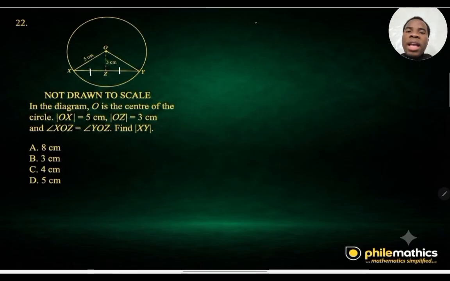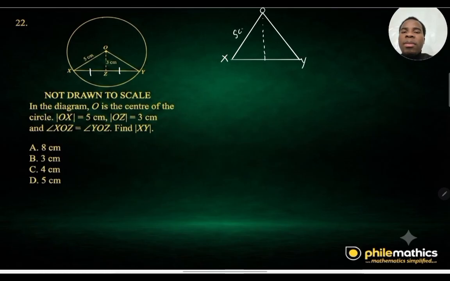If we bring out this, we'll have, so this is X O Y. This is 5 cm. This is 3 cm. If this is Z, we are asked to look for XY. Let's call this XZ L. Of course, this is also L from the circle theorem.